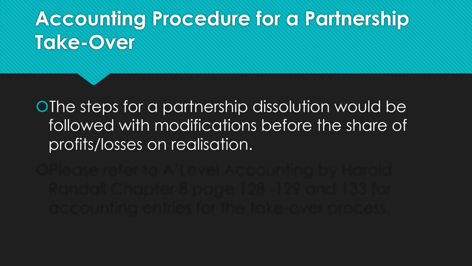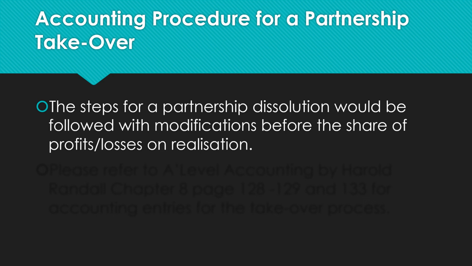So to record the cost of dissolution, you debit the realization account and credit bank or cash for that cost to dissolve this business or to close it. Sometimes you're given a dissolution cost. So to record it, you debit realization and credit either bank or cash.